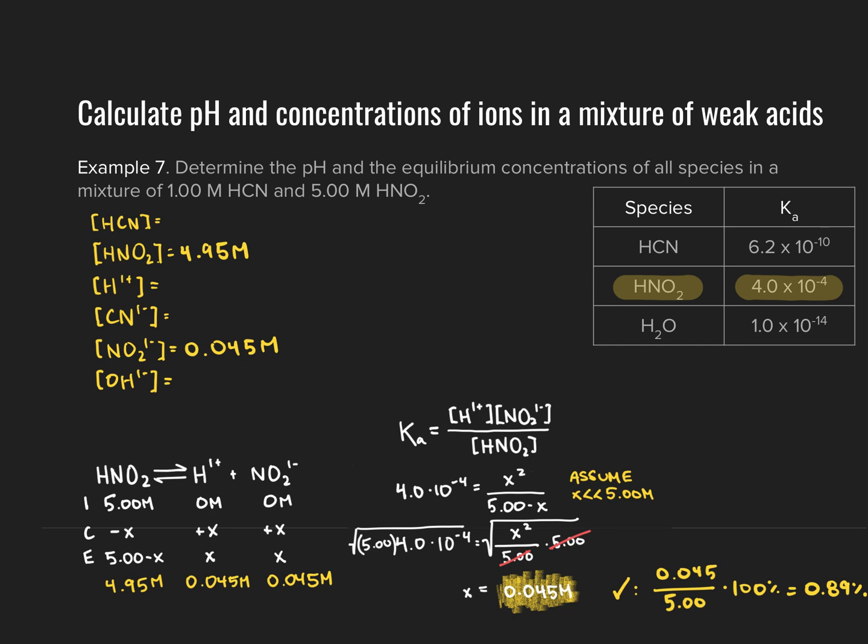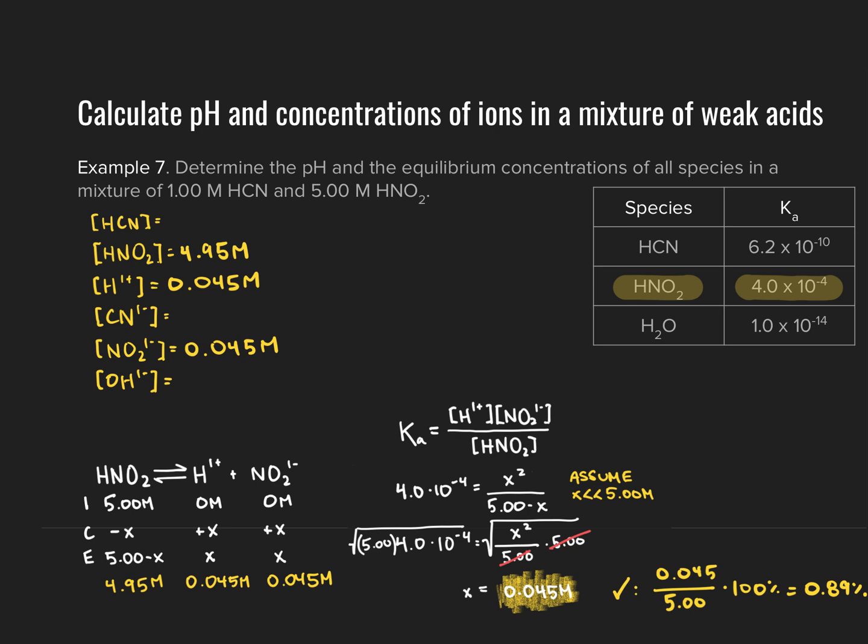And as such, yeah, it's going to be making some more hydrogen ions, but they're probably going to be negligible in comparison to the concentration of hydrogen ions formed from the HNO2. And as such, I'm just going to go ahead and record now my hydrogen ion concentration in this solution as 0.045 molar, recognizing that yes, some more will come from the dissociation of our next acid, but it's going to be so small that it's really not going to matter.